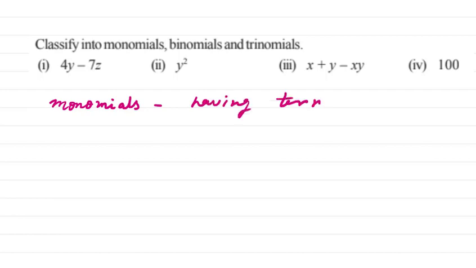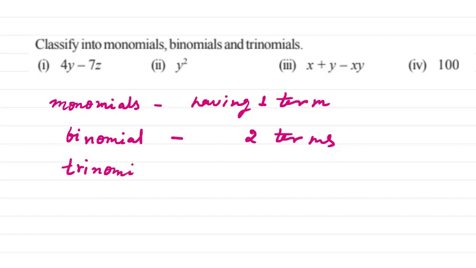If you have only one term in an expression, then it is monomial. Then binomial means if you have two terms, then it is binomial. Then trinomials, if you have three terms in any expression, then they are called trinomials. So having three terms will be trinomial.